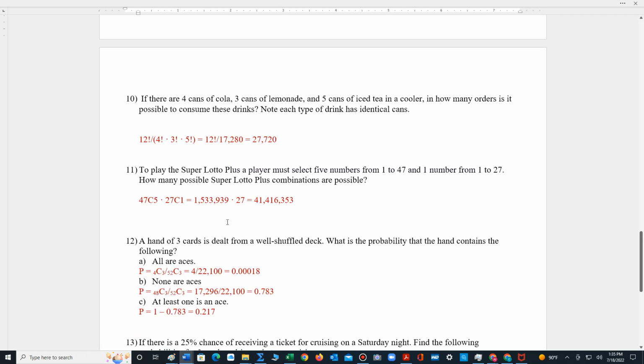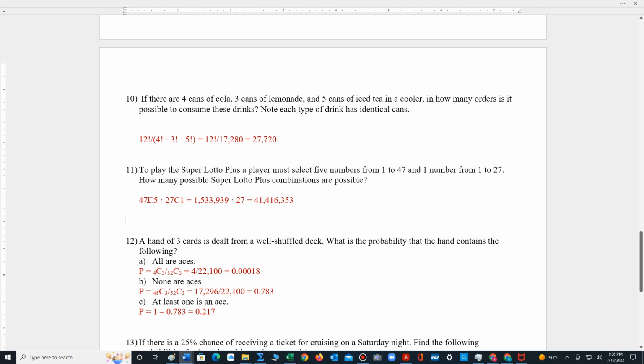Number 11, to play the Super Lotto Plus, a player must select 5 numbers from 1 to 47 and 1 number from 1 to 27. Keep in mind, the word select, that's our clue to let us know we're working with combinations. How many possible Super Lotto combinations are possible?